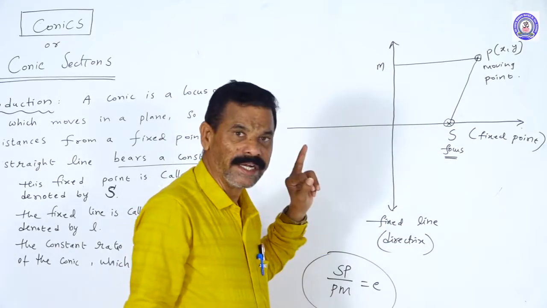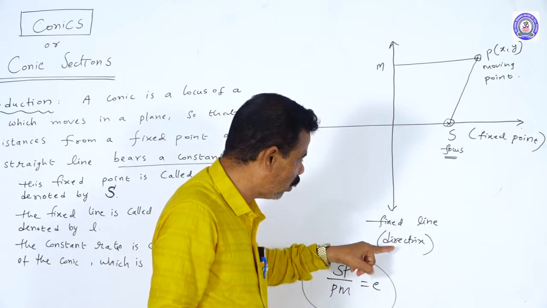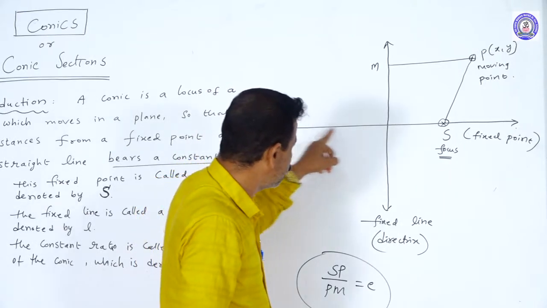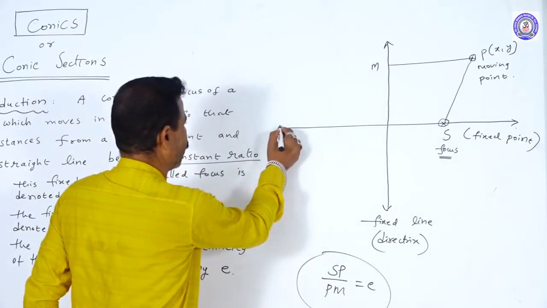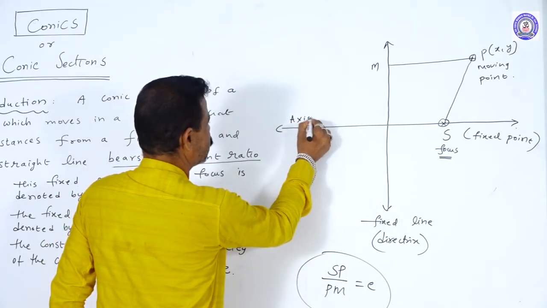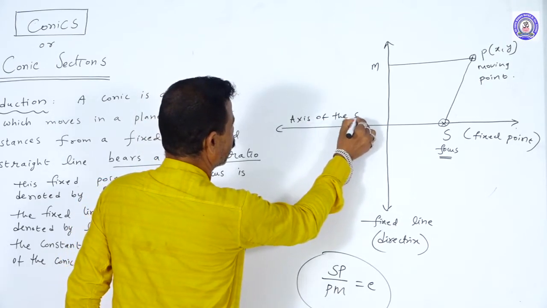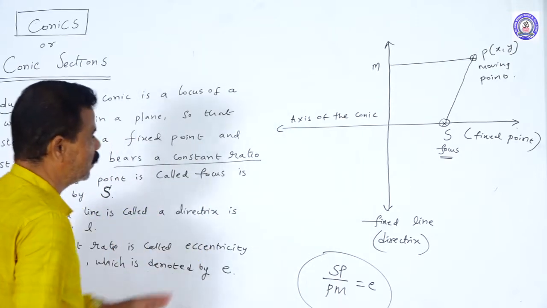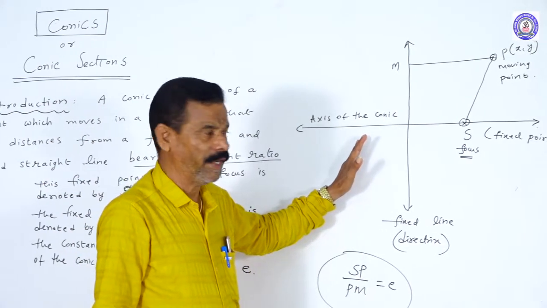This is the fixed line, called the directrix. This is called the axis of the conic. This is the diagram for the conic.